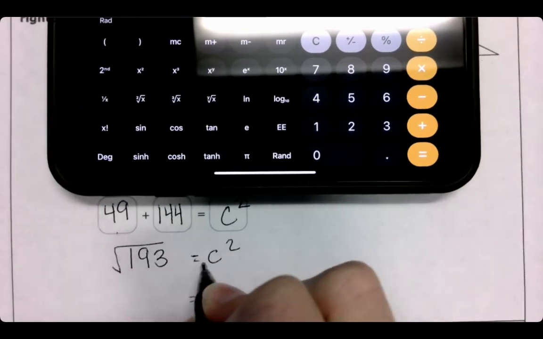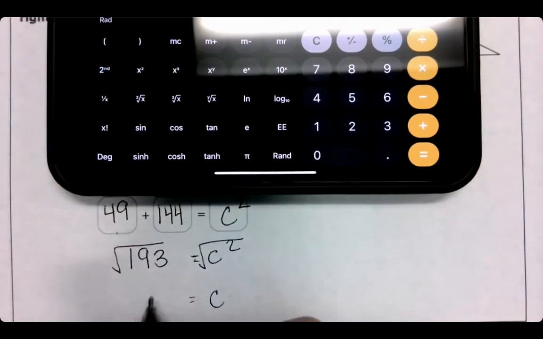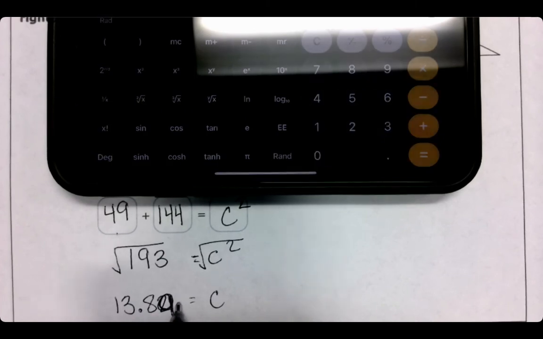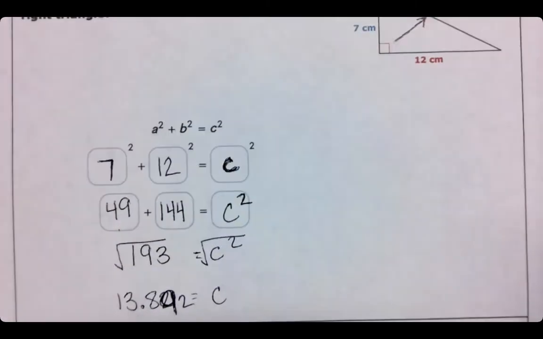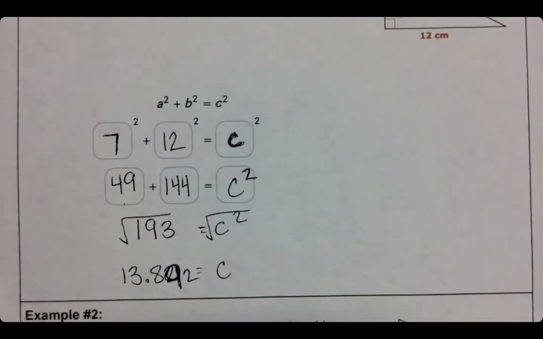So we are taking, again, the square root here. The square root of that says 13.892. Let's round that to the nearest hundredth.